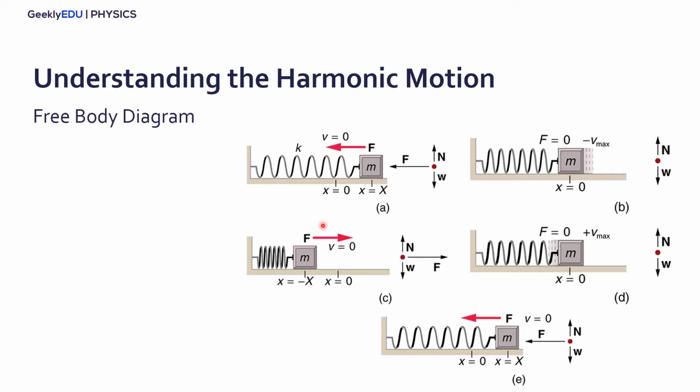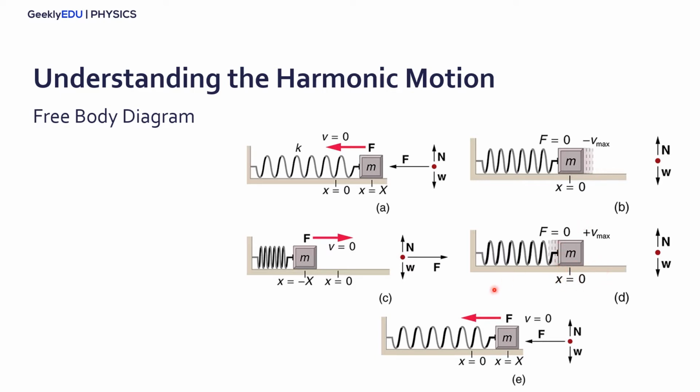And the block starts to move again in the other direction. For the same motion, we reach the same situation here: net force 0, maximum velocity pointing in the other direction, and x equals 0.